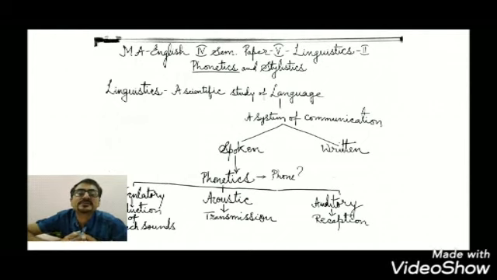So it becomes a noun, and before that it is phonetic. The meaning of phonetic is about speech sounds. It is somewhat related with phone. The word phonetic also comes from phone.